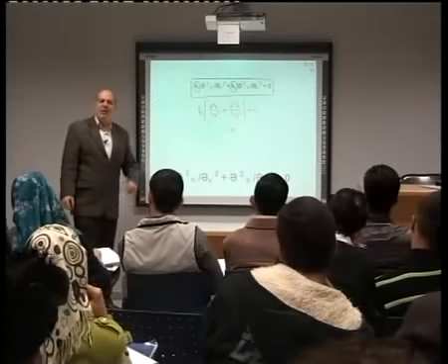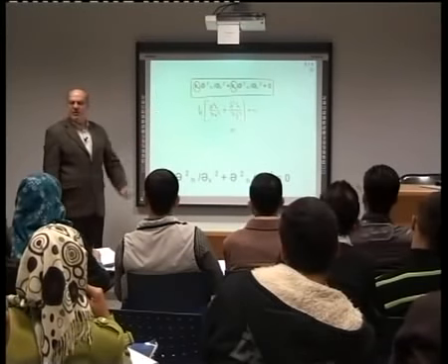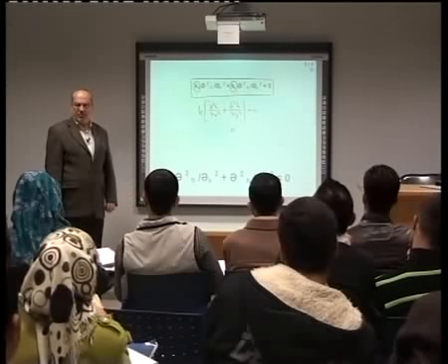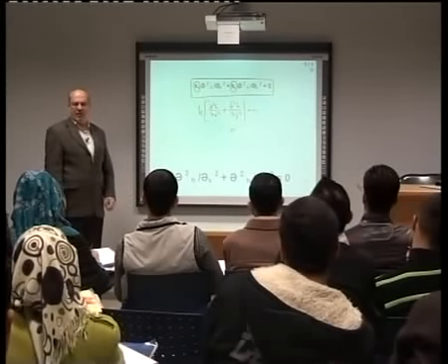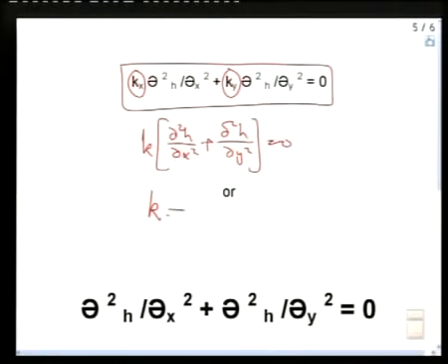Now another question. K cannot be 0, because this is the coefficient of permeability. K, no way to be 0. Then what will be the 0? The partial.